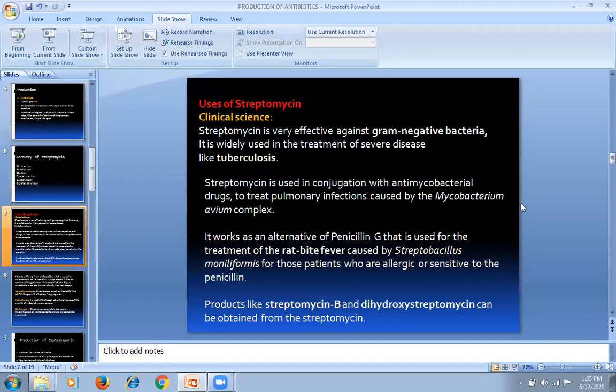So instead of penicillin, you can use streptomycin if the person is allergic to penicillin. Otherwise, for that particular disease, penicillin may be the best one. Products like streptomycin B and dihydrostreptomycin can be obtained from streptomycin.